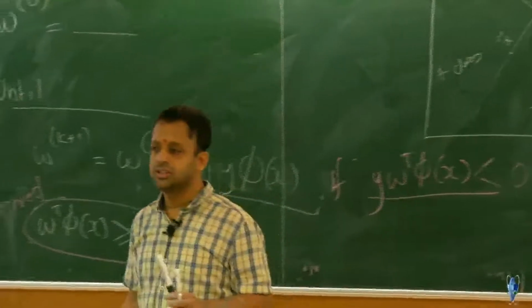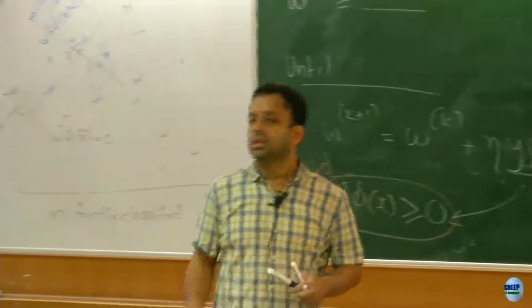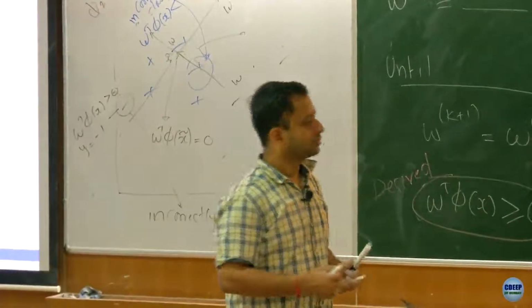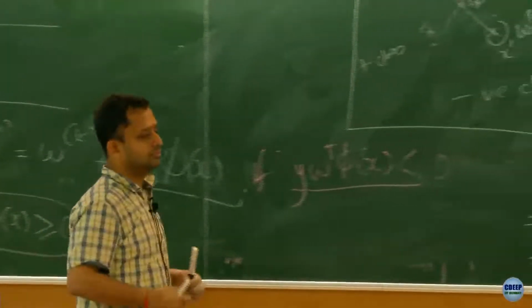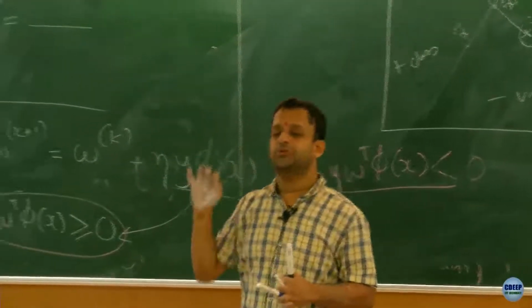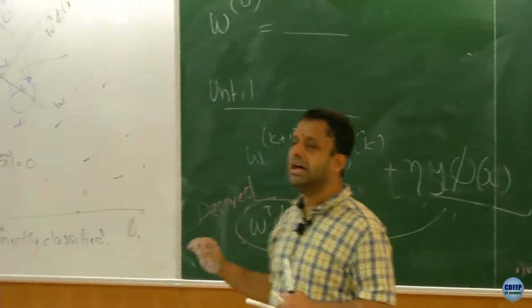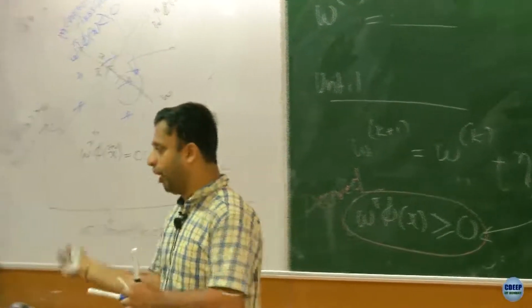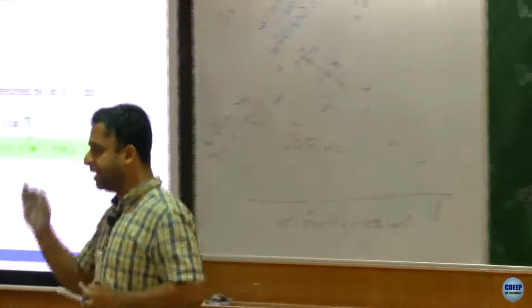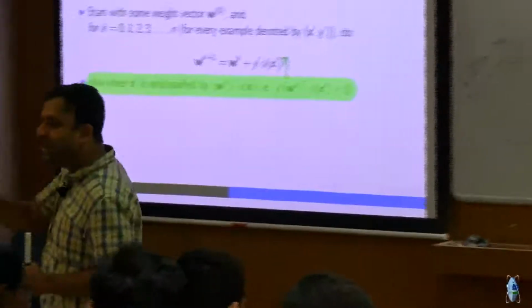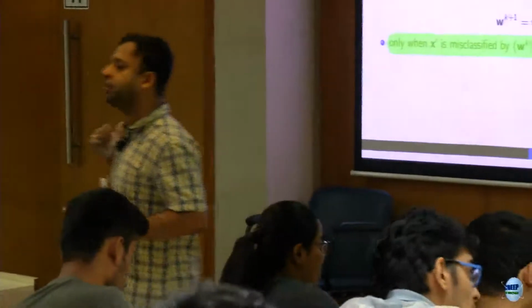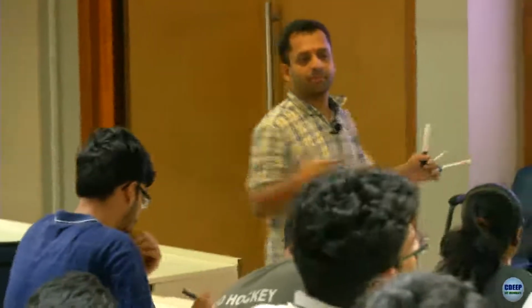Is this clear? So W transpose phi x prime is the distance of a point from the separating hyperplane measured along the perpendicular to that hyperplane. So it's a perpendicular distance, right?